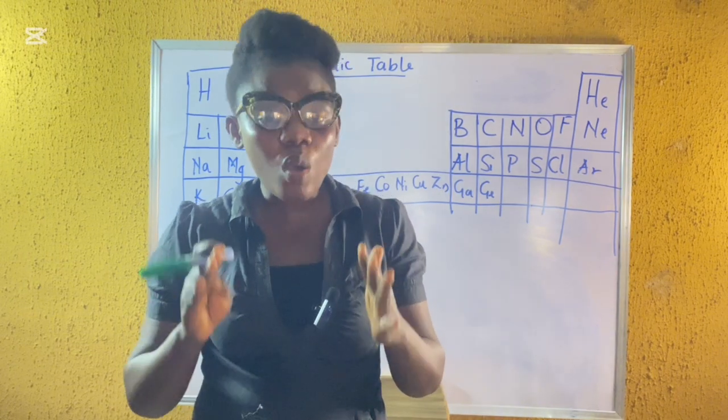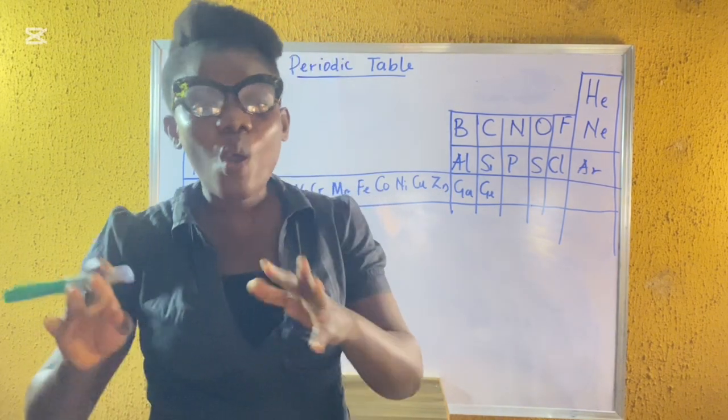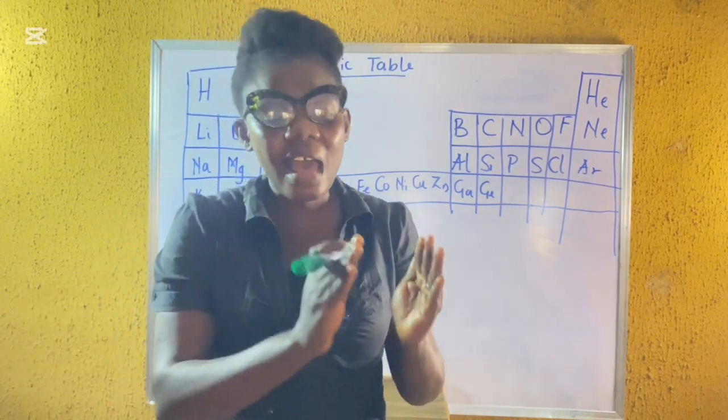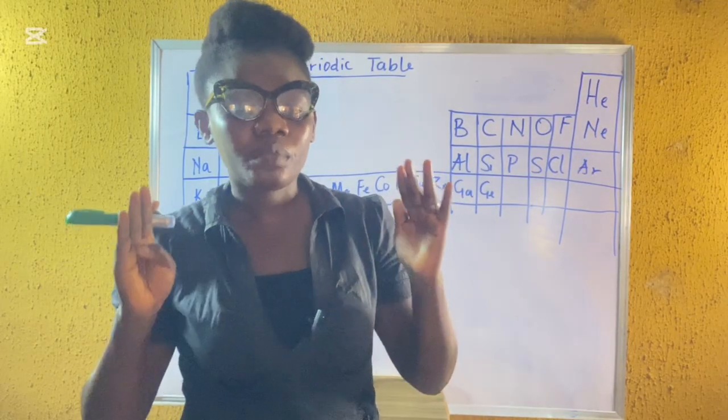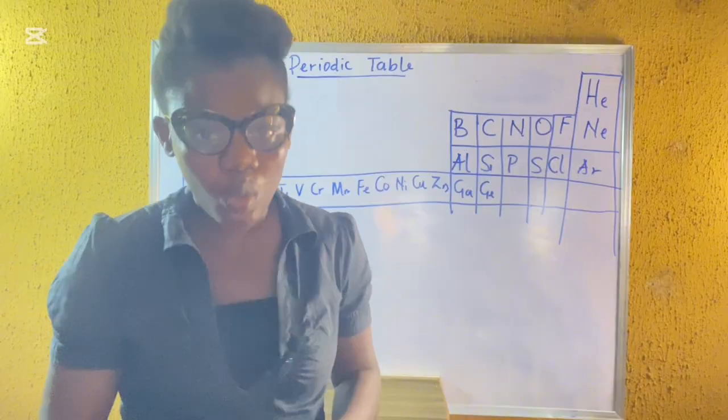So that all of these elements that have the same chemical properties are placed in the same vertical column.